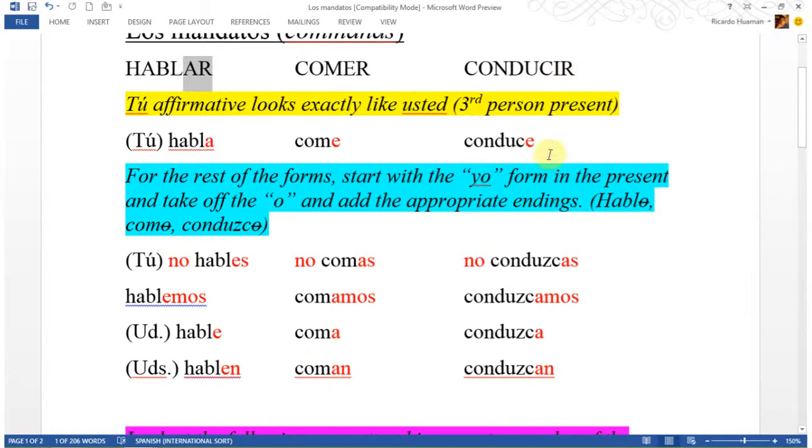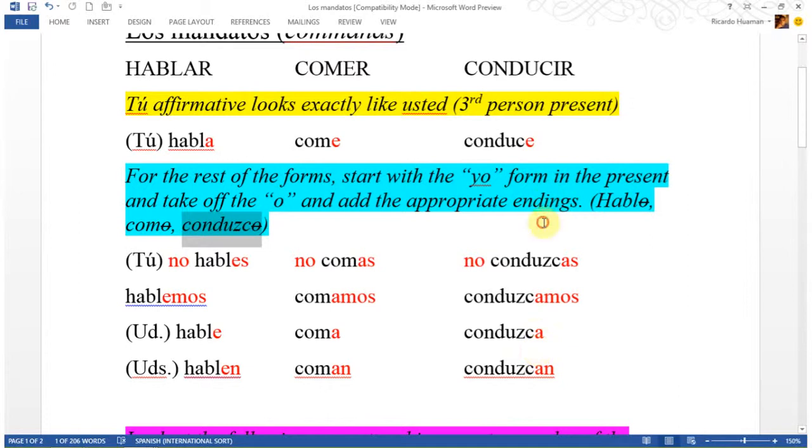But from conducir, oh no, this one is different. No conduzcas. Well, gee, how do you get there? You have to think of the yo form first. Conduzco. You take off the o, and then you're left with this little irregular bit, the z. Notice that's reproduced everywhere.